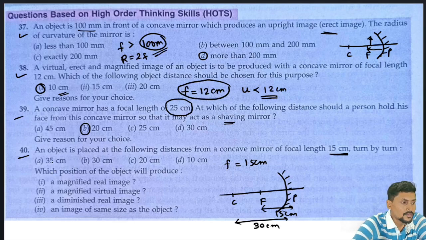First we place the object at 35 centimeter. 35 centimeter means beyond the center of curvature.